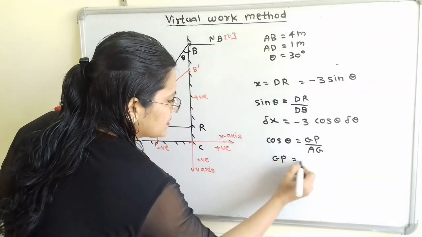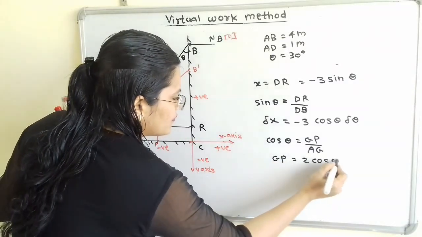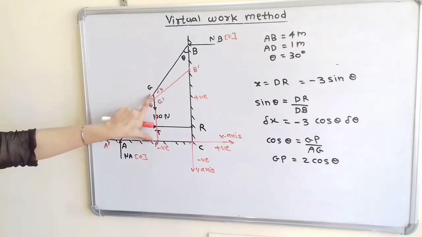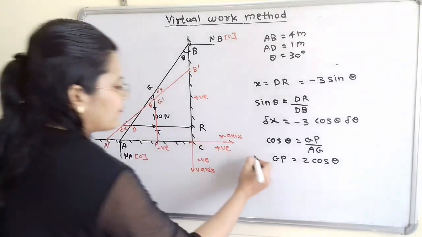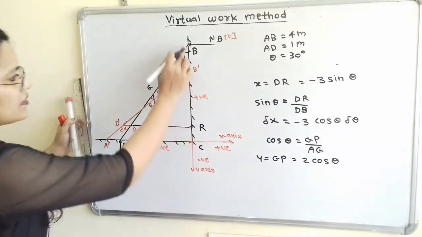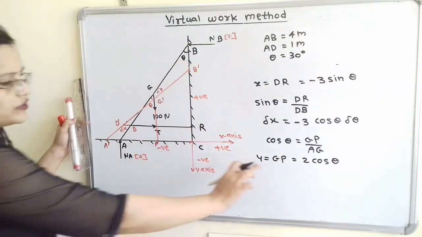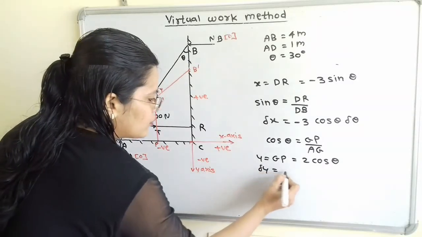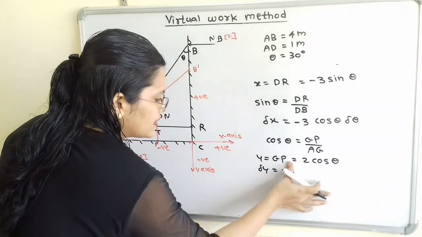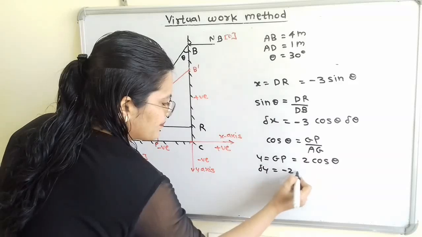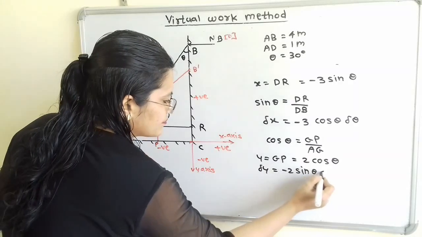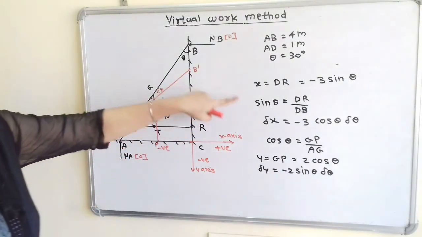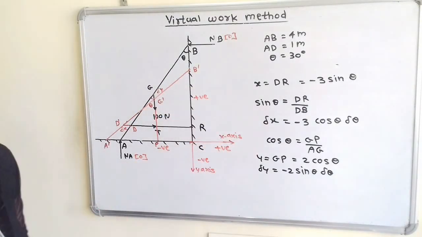So GP is equal to 2 cos of theta, and this is nothing but y. So we can say that y is equal to, and in the upward direction values are positive, so we will keep 2 cos of theta. So delta y is equal to minus 2 sin theta delta theta. So we will get this delta x as well as delta y.